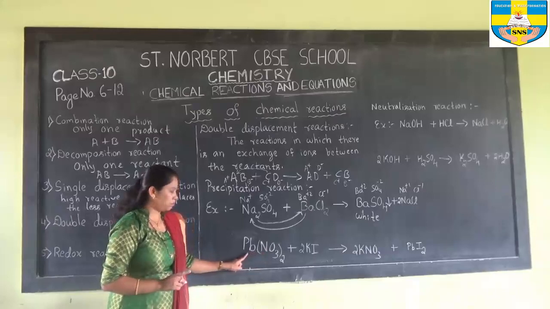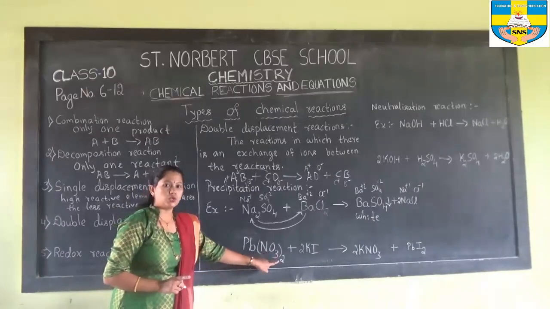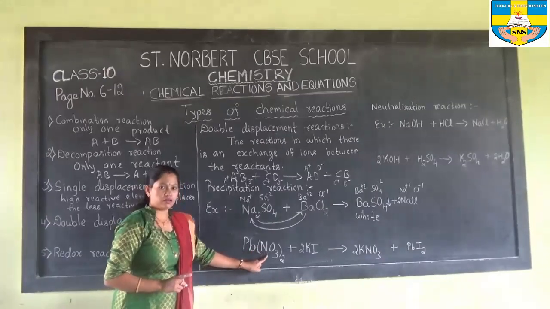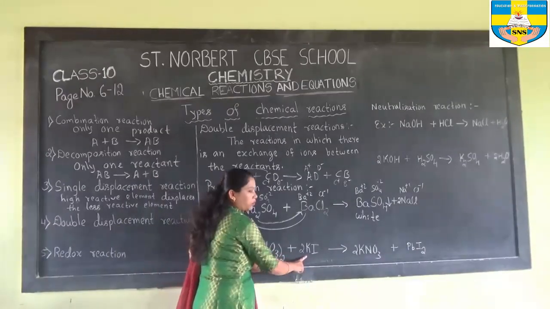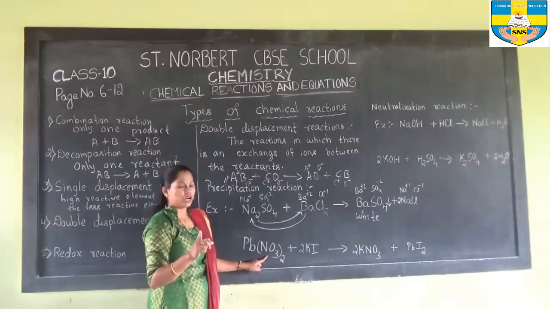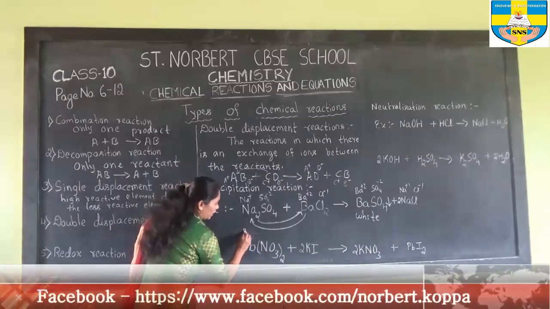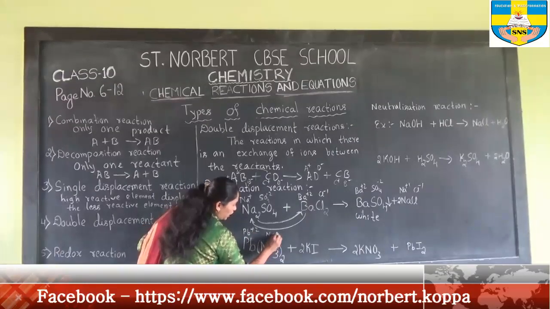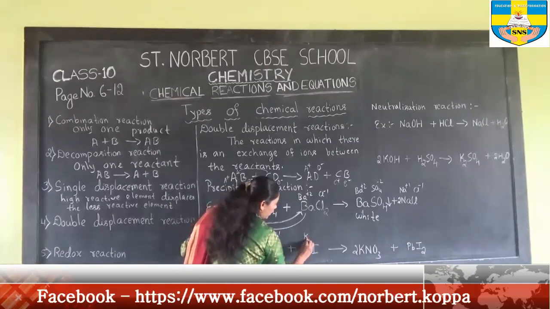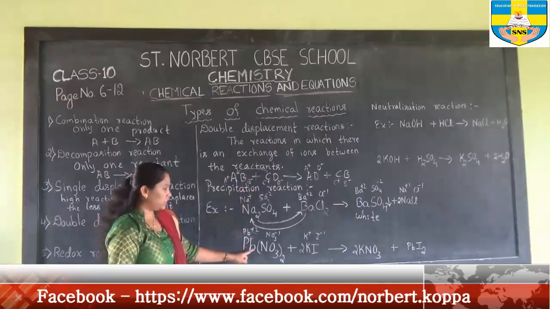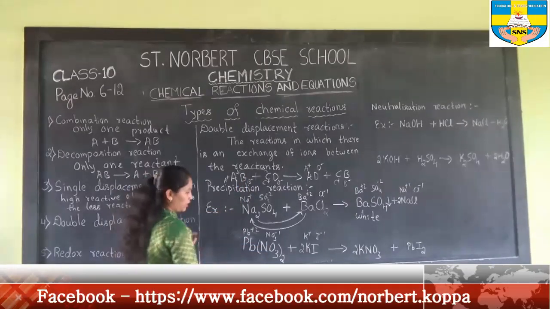Let us take one more example. Pb(NO3)2, lead nitrate. This reacts with potassium iodide, KI. Now what are the ions present here? Pb 2 plus, NO3 minus, K plus, I minus. Now according to the reaction there is an exchange of ions.